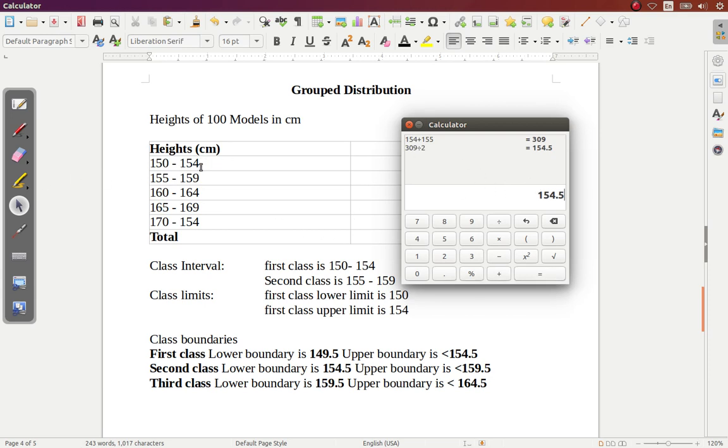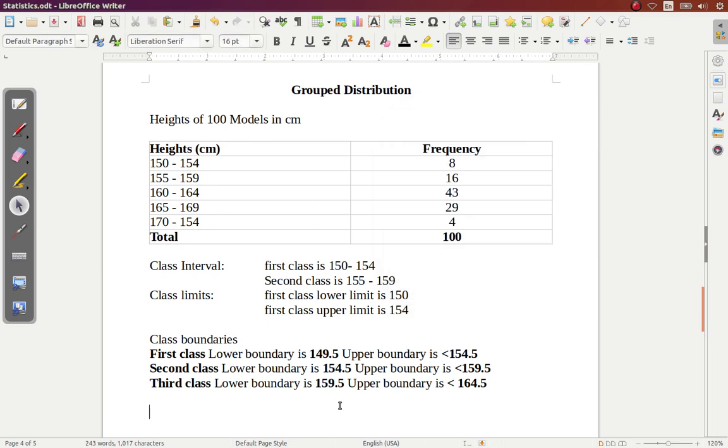Less than that is the upper boundary for the first class, and 154.5 is the lower boundary of the second class. So you could calculate it that way as well. But I want you to reason it out in terms of measurement and rounding off.